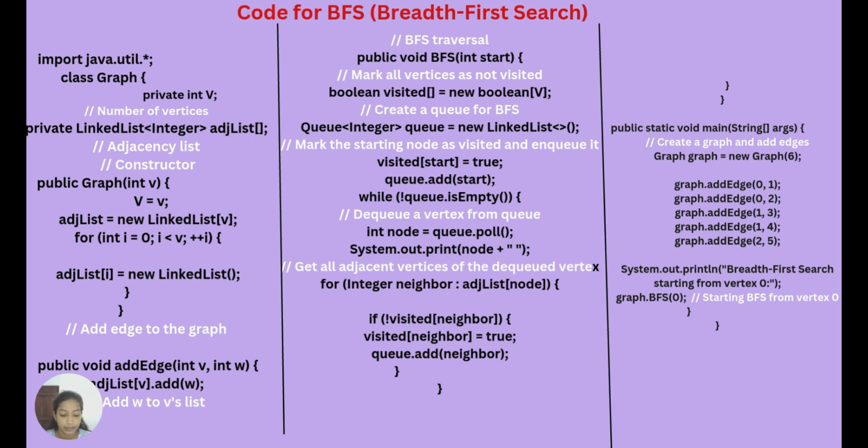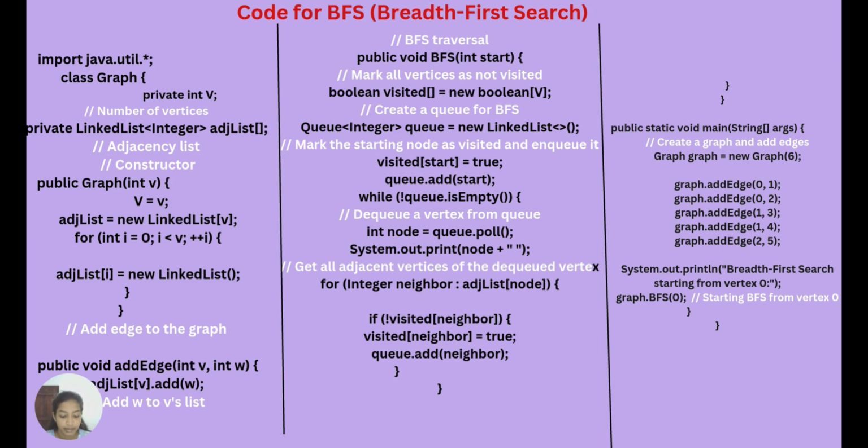The constructor Graph(integer V) initializes the graph with V vertices. It also initializes an array of linked list objects to represent the adjacency list.